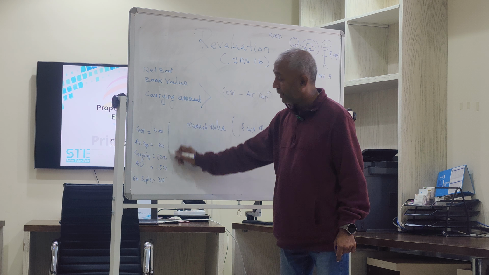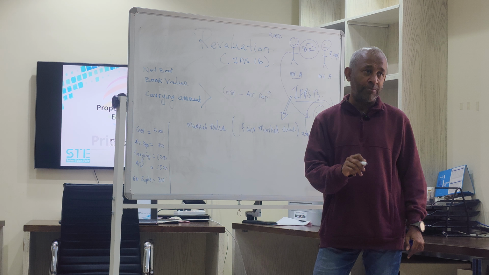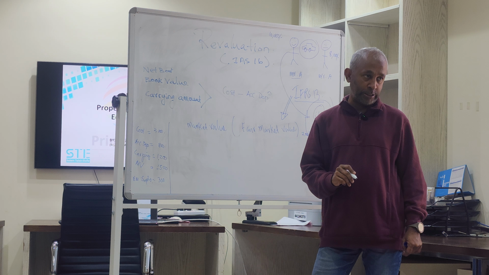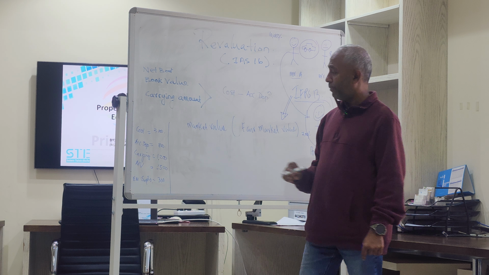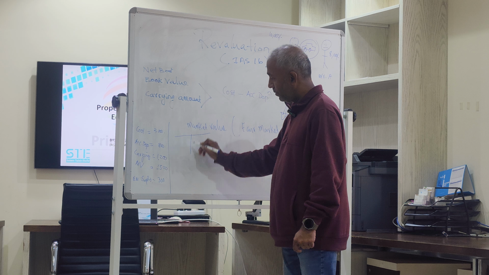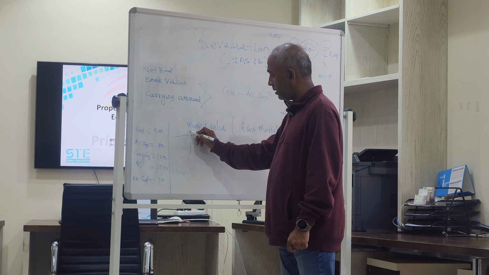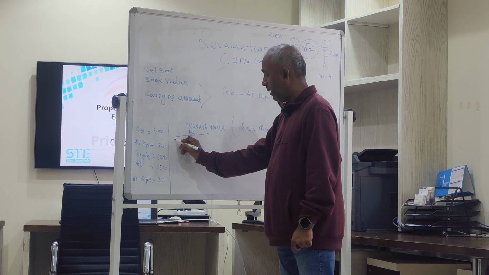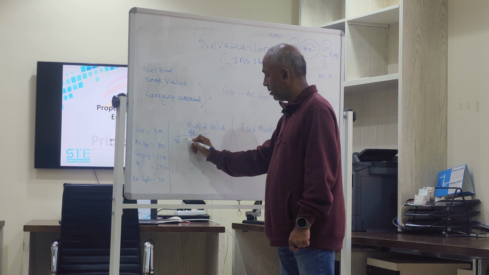Now, this is mathematically how we calculate. The same thing, you need to know the double entries for this. So, what is the double entry? Now, see, let's say this is land or building. I have the cost 2 million.